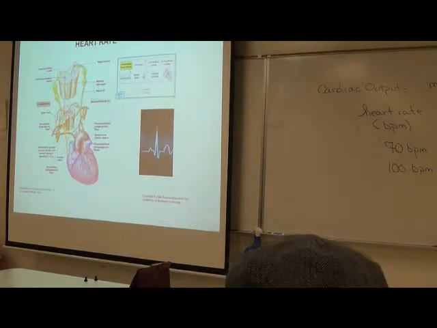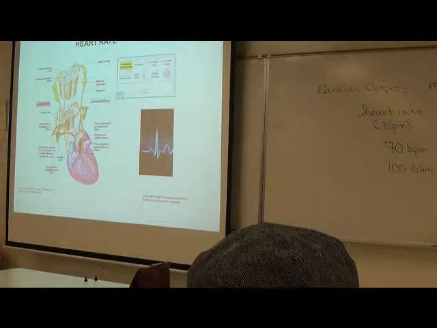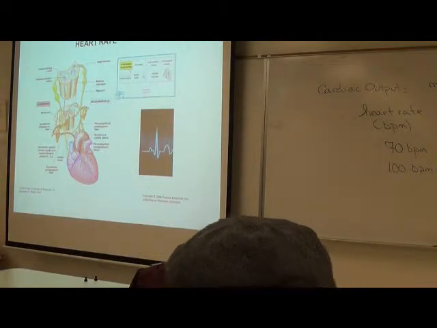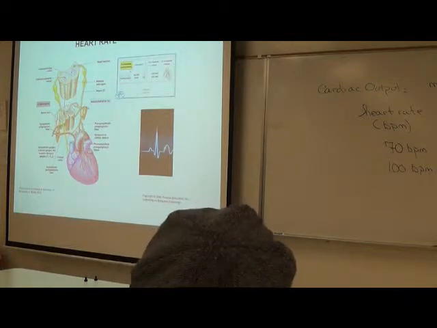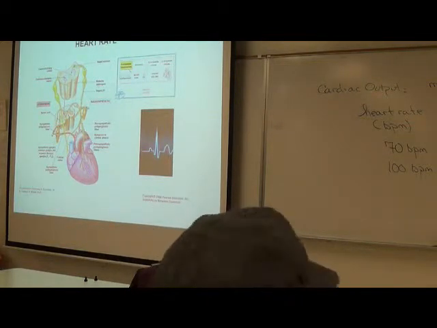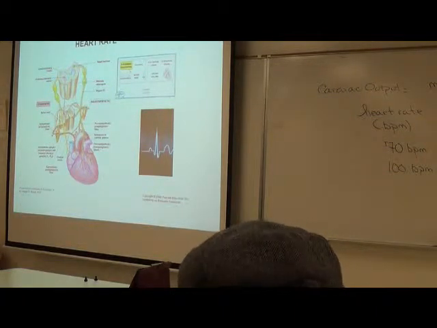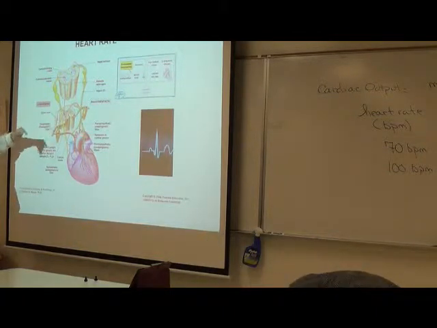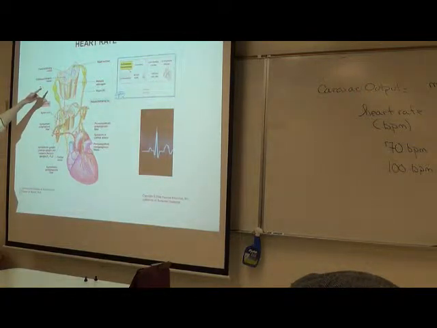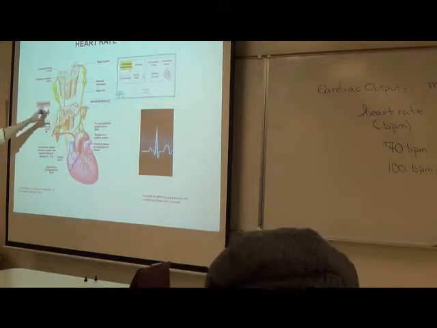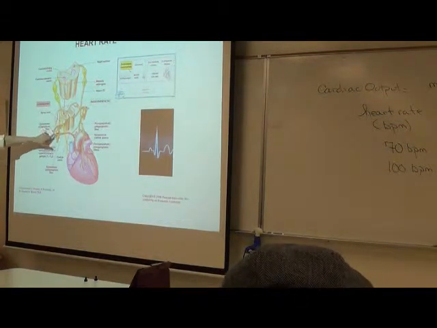Looking at sympathetic control of cardiac, we're looking at the thoracic region, essentially T2 through T5. So the thoracic spinal nerves T2 through T5, their lateral gray horns are going to send sympathetic preganglionic fibers to the heart.